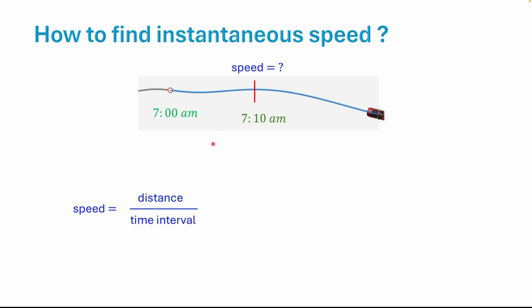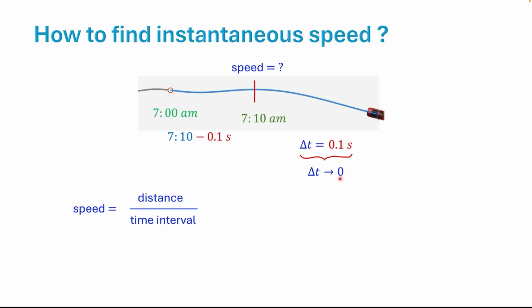For example, I take a time that is 0.1 second earlier, which is 7:10 minus 0.1 second. The time interval between these 2 times, delta t, is equal to 0.1 second. This is the typical time interval used in a car odometer. Note that the time interval should be as close to 0 as possible, because the smaller the time interval, the better the accuracy.